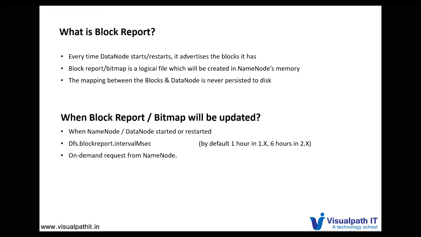By default it is 1 hour in Hadoop 1.x and 6 hours in Hadoop 2.x. So every 1 hour in Hadoop 1.x the block report is updated automatically, and if you set the same property in Hadoop 2.x, every 6 hours it is updated automatically.